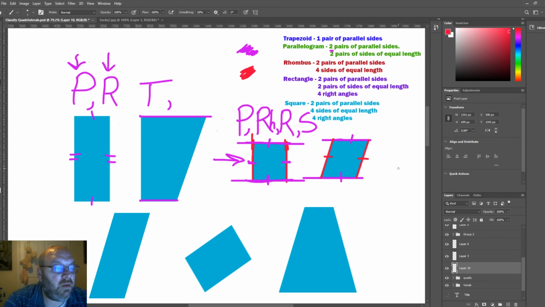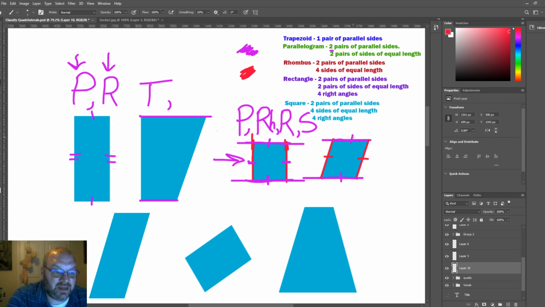Where are we? Oh, parallelogram. Two pairs of sides of equal length. Yeah, because this side and this side is one pair, and then my red pairs are equal length, right? So two pairs of sides of equal length.